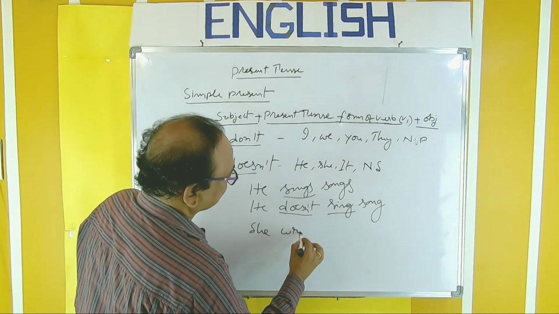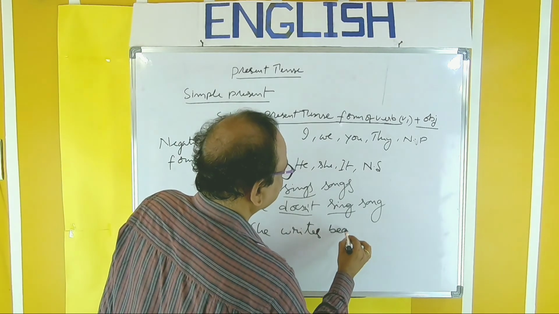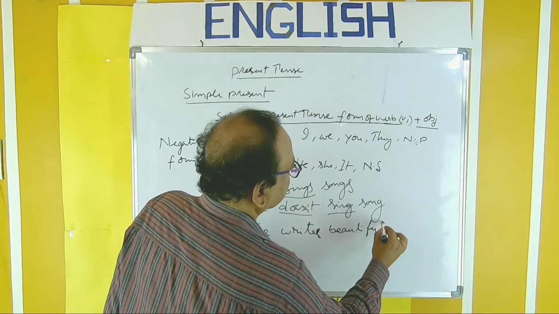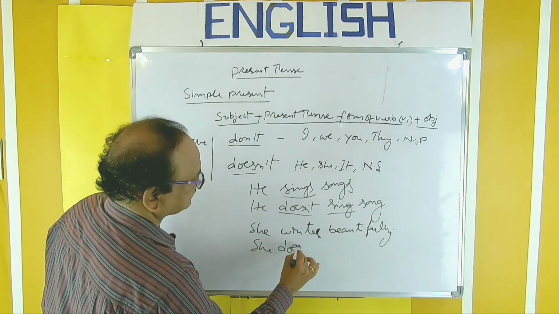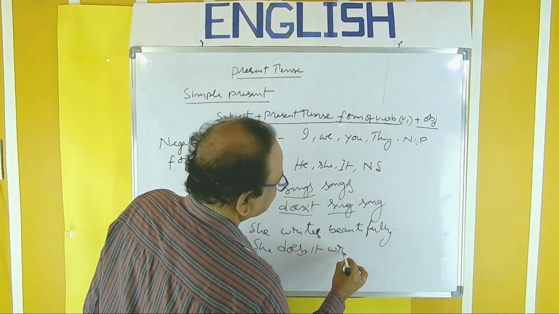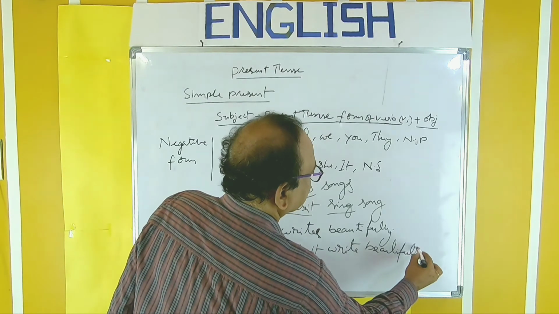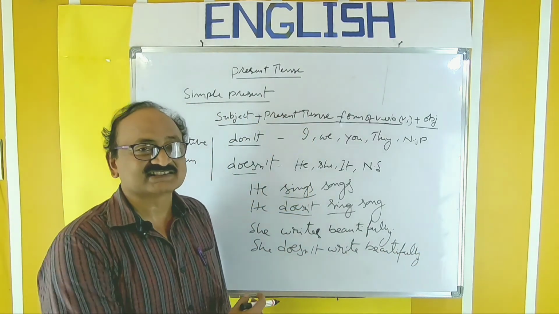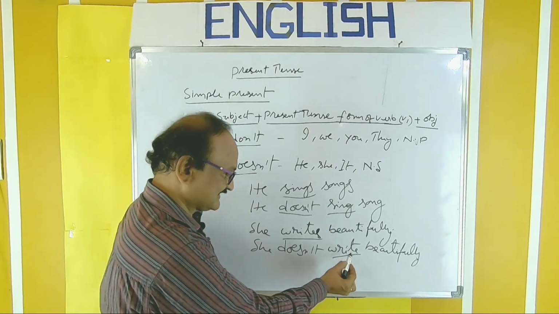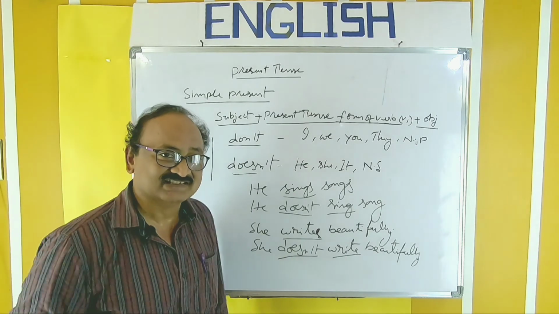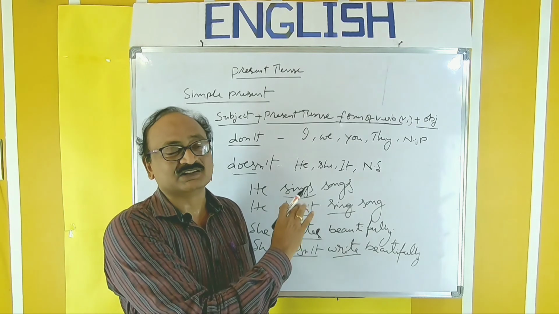Next, she writes beautifully. She doesn't write beautifully. So, writes becomes write here. The s is dropped because we have used doesn't. So, this is the negative form of the simple present.